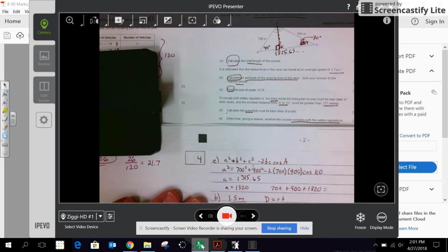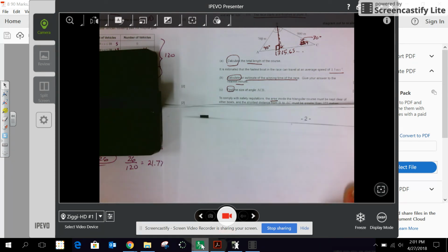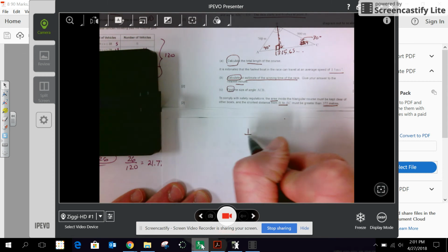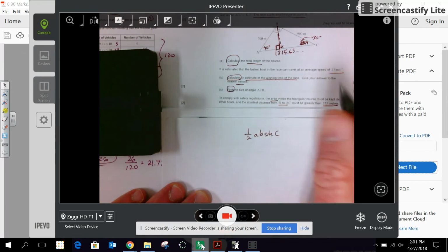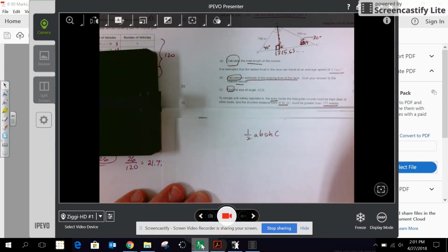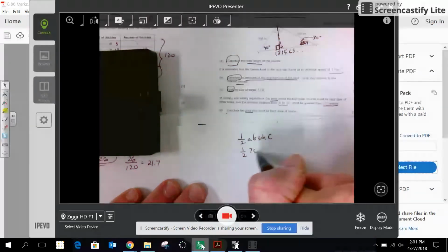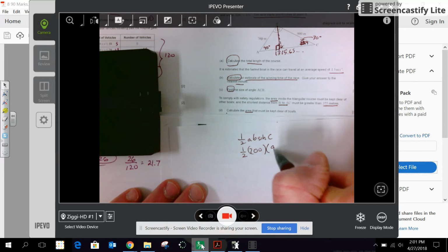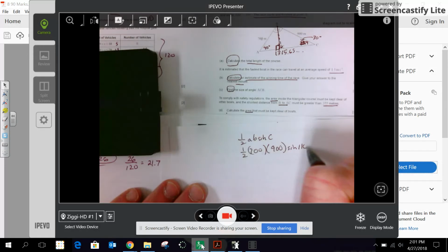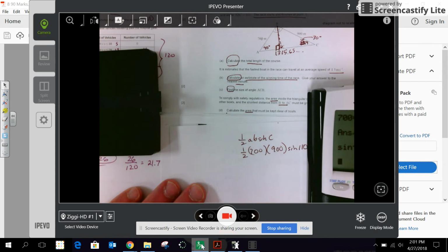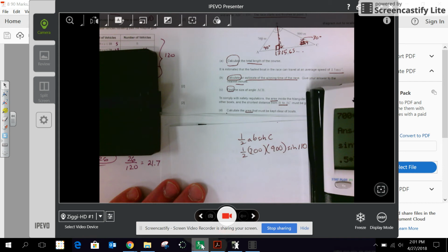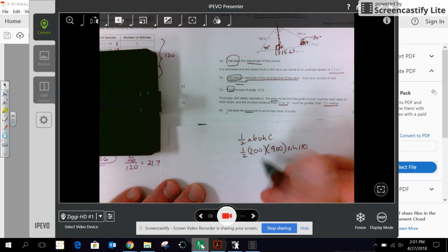The area, we're going to use the side angle side rule. So 1/2 ab sine C. I need to find the area of this big triangle. 1/2 times 700 times 900 times the sine of 110. I'm using the original information. I could use other information, but with the original information, if I made a mistake, then I'm using the right values and not my own.